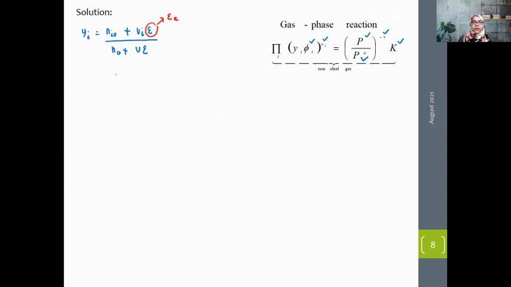Let me write up the reaction. The ethylene, we add with the water in the gas phase to produce the ethanol, in gas.